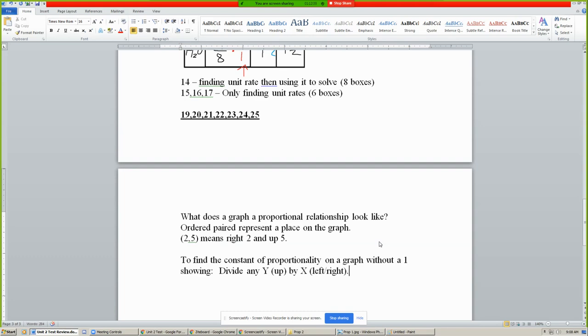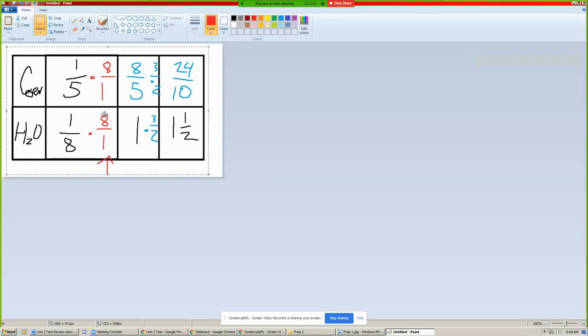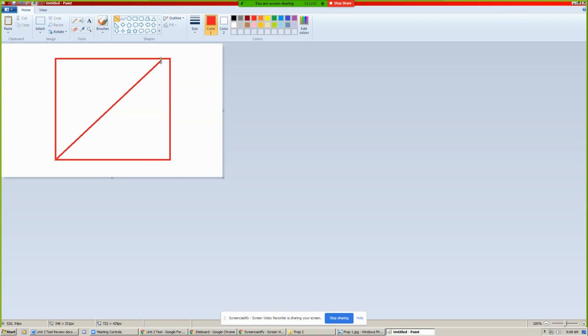So for instance, let me use Paint again. If you have a graph where you have this line that goes like this, and you have a point right here that's 10, and you have a point right here that's 50.